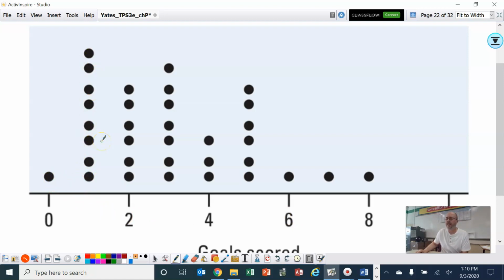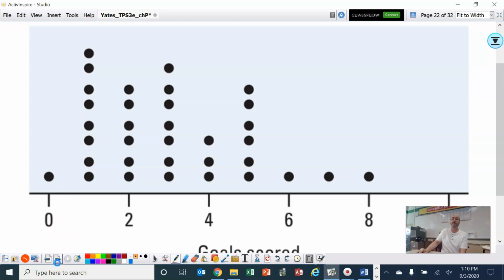It kind of looks like a bar graph or a histogram, which we'll talk about in a little bit, but it's showing each individual data point. Let me repeat that. This is a detail you need to remember. A dot plot is very detailed because it shows each individual data point.